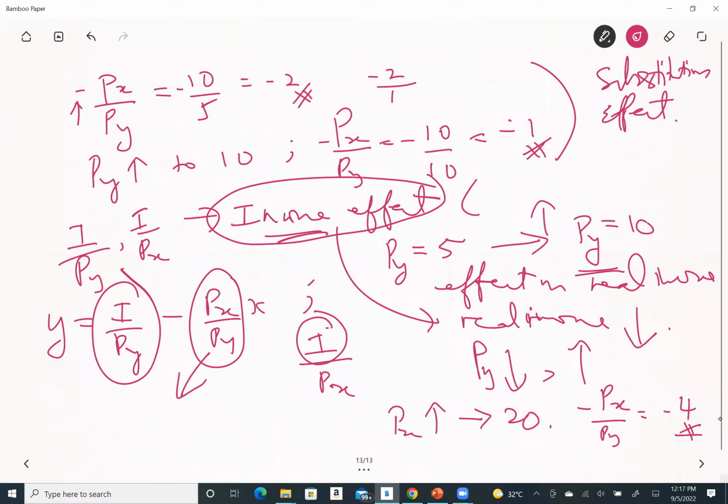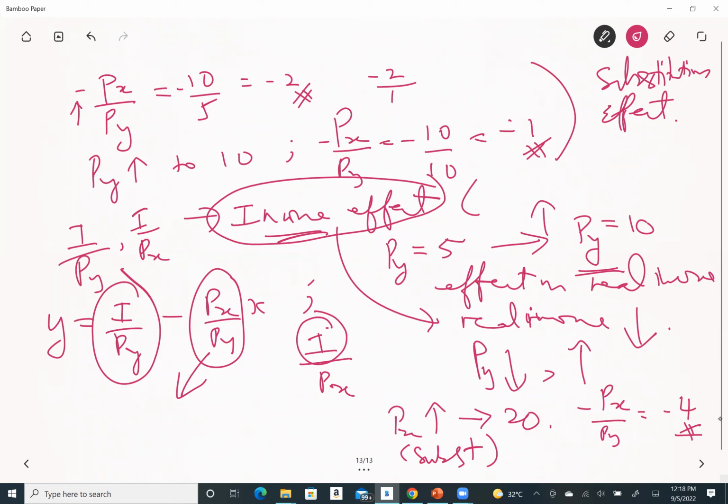More rice. You consume more rice. So that is the substitution effect. Substitution effect means you will substitute from the more expensive good to the cheaper good.